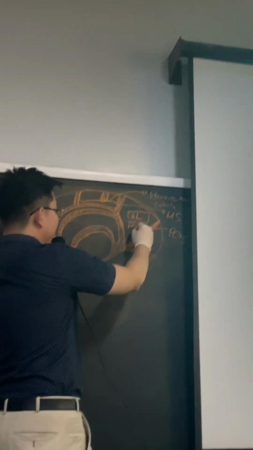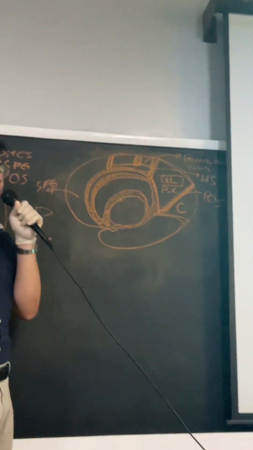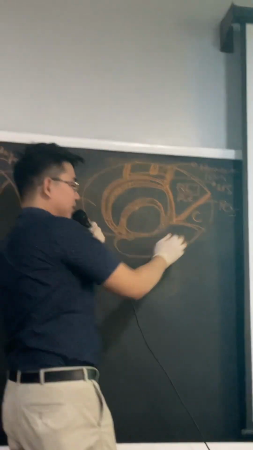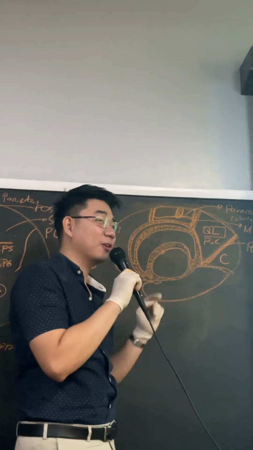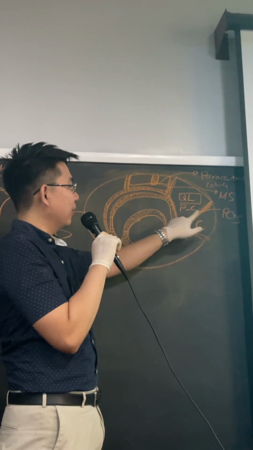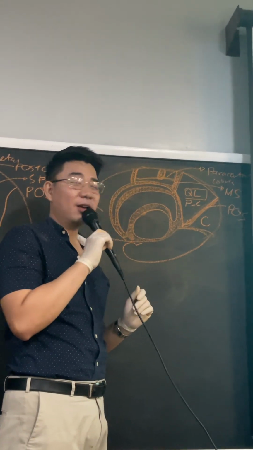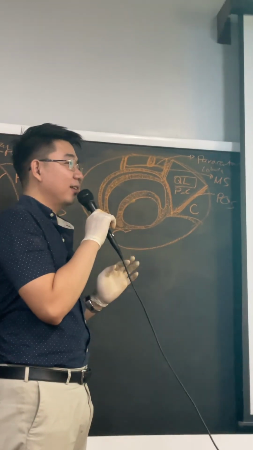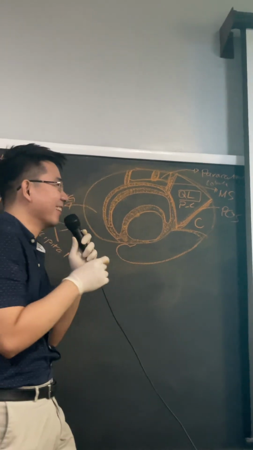So the quadrate lobe is also known as the precuneus. So just so you don't forget, either you identify the four sides, quadrate lobe, or you identify the cuneus first, and just before that, in between the parieto-occipital sulcus, that becomes the precuneus. You see that?